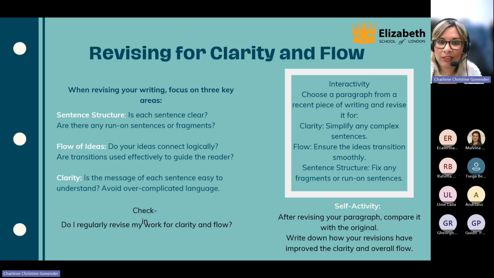Check for clarity, check for flow, and check your sentence structure. This is a little interactivity, I would say. I like to focus on what I've written to improve what I've written. I can only improve my writing, so it helps to go back and check and see how can I make this better. Okay. Right.